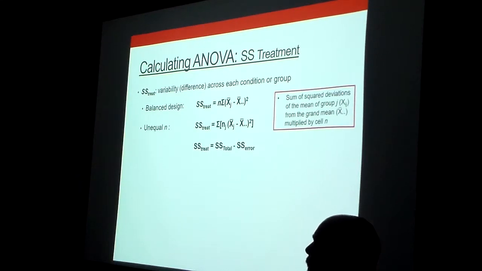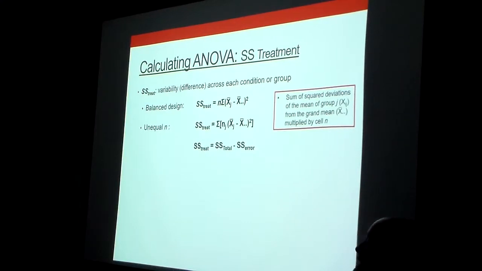All right. Then we've got our sum of squares treatment. Sum of squares treatment is the variability, the differences that we see across our groups. If we have a balanced design, which means we've got the same number of people in each group, we calculate this as our cell sample size times the sum of our group mean minus the grand mean, squared.